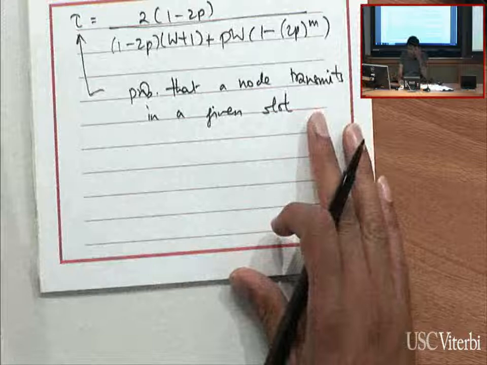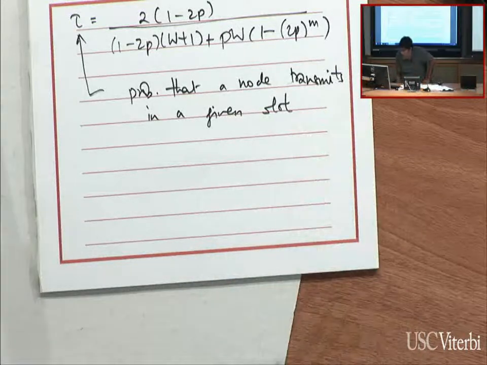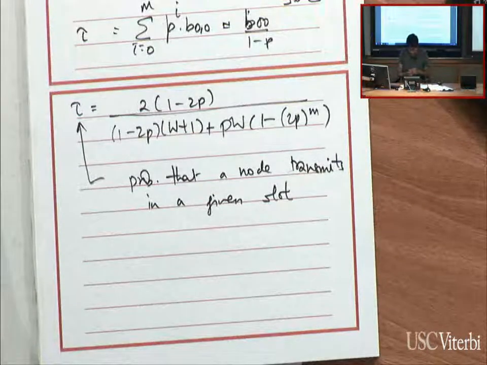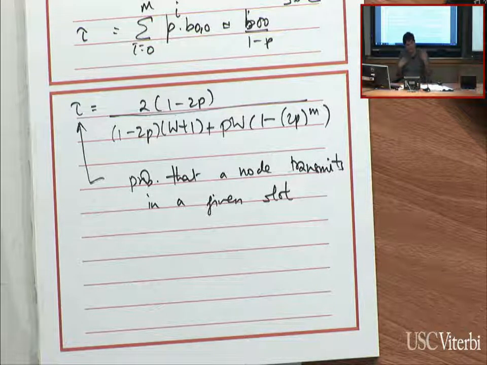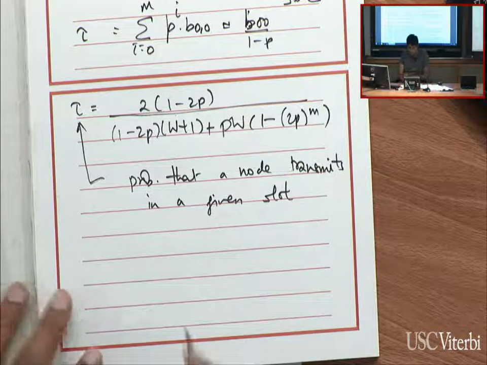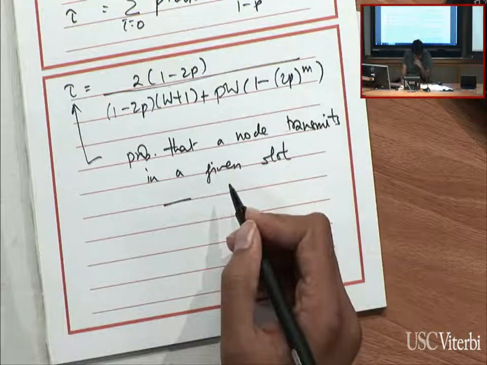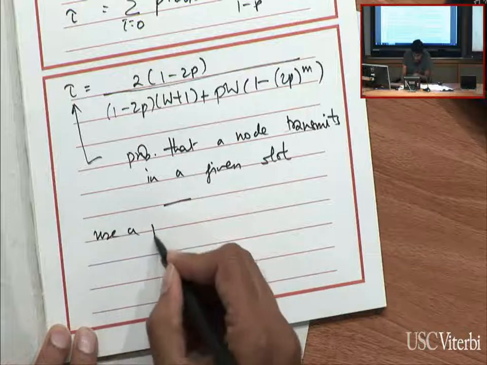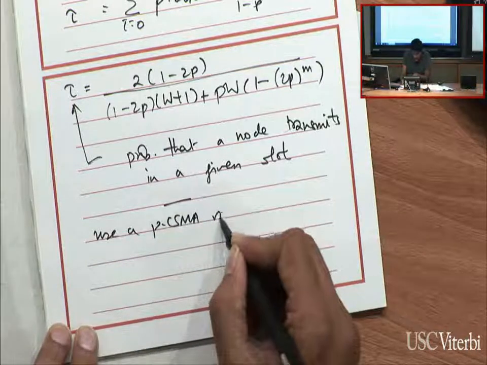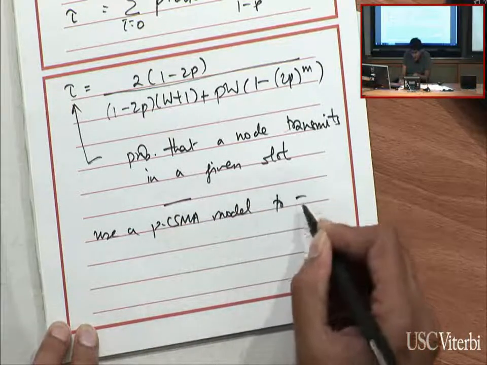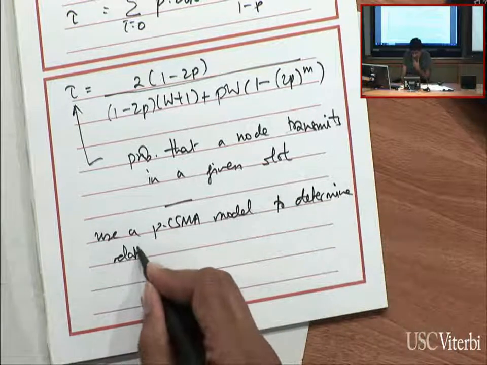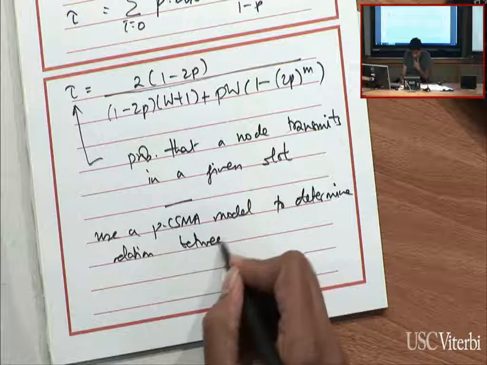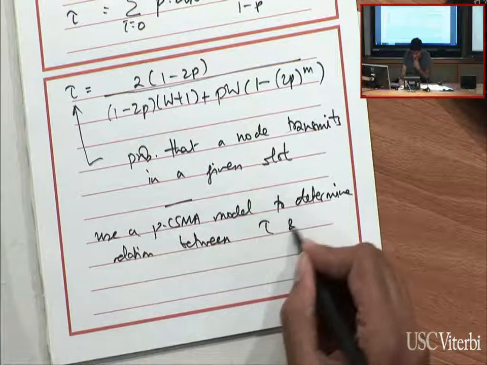Well, we know that from the fact that all of the transmissions, if we assume that this probability p, so what we're going to do now is use a PCSMA model to determine the relation between tau and p.